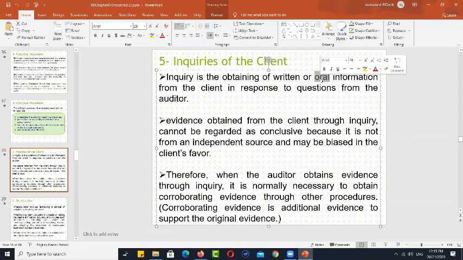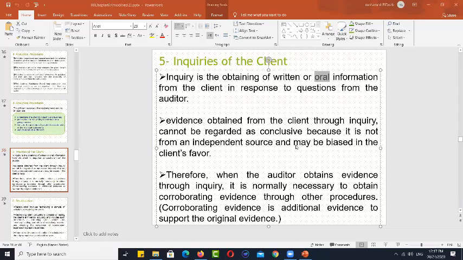Someone focused might ask, what is the difference between the inquiry of the client and the confirmation? I will answer that. Inquiry of a client is oral or written information obtained from the client.